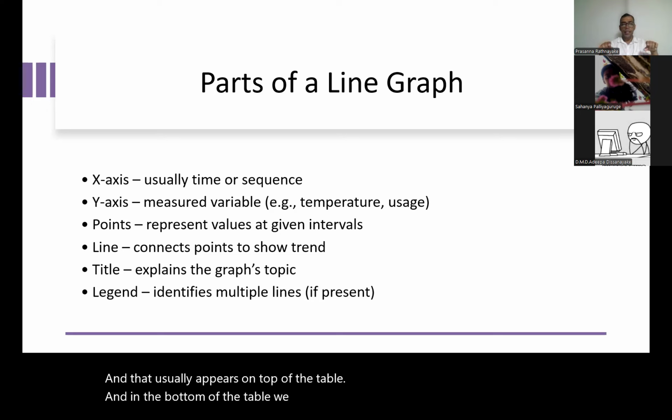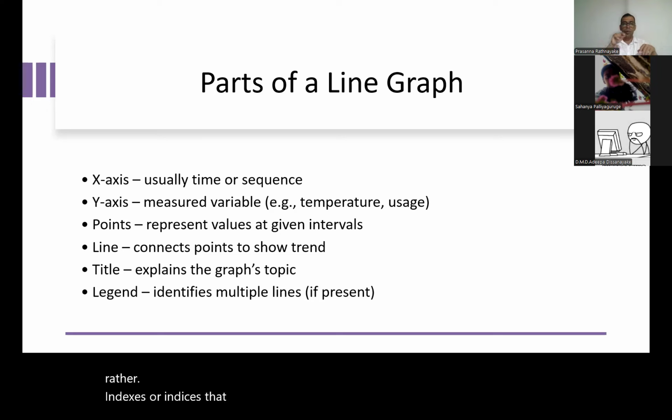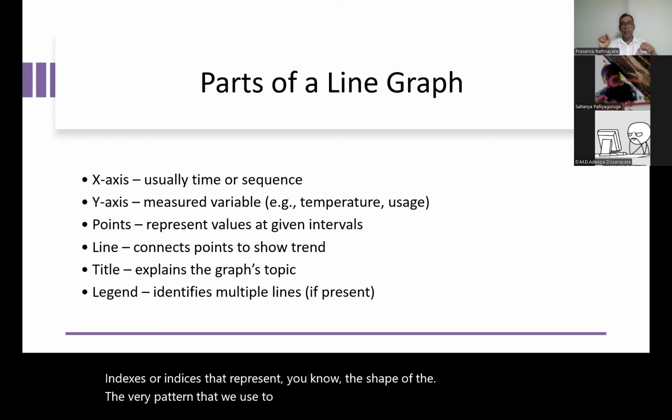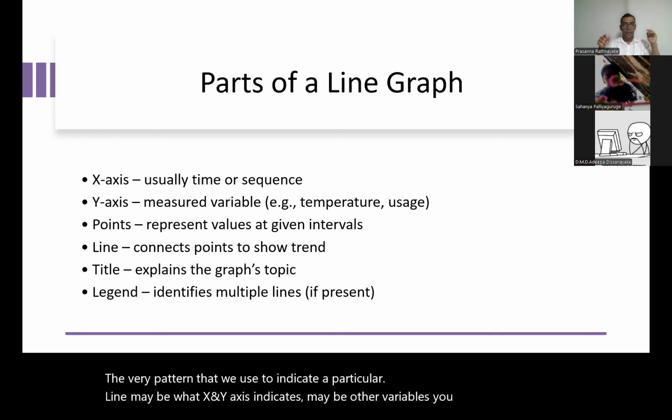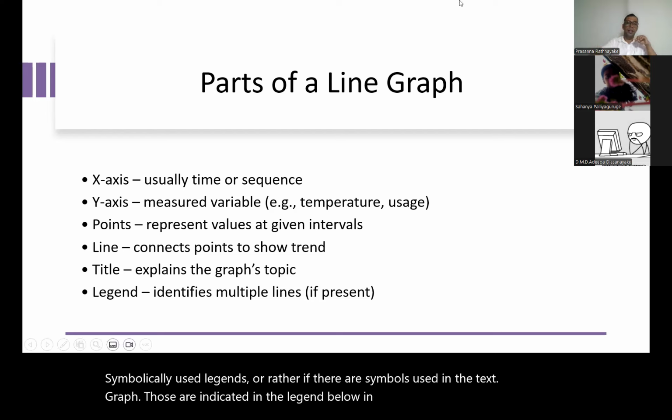Legends are guides or indexes that represent the pattern we use to indicate a particular line, maybe what the X and Y axes indicate, maybe other variables. If there are symbols used in the graph, those are indicated in the legend below the line graph.